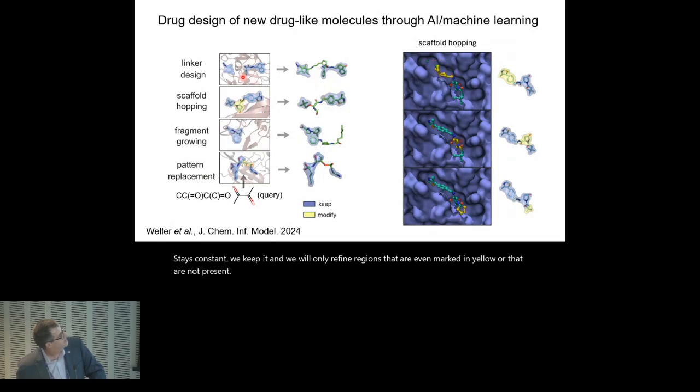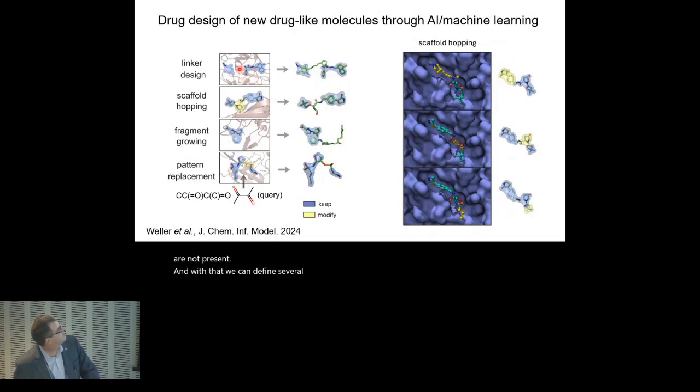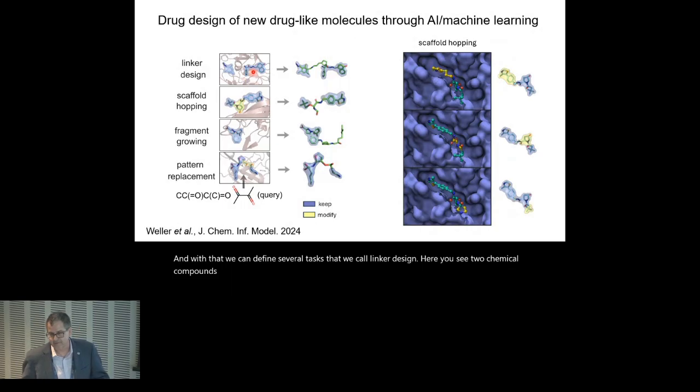And with that, we can define several tasks that we call linker design. Here you see two chemical compounds that are initially not connected. The method will build a chemically feasible connection between these two compounds.